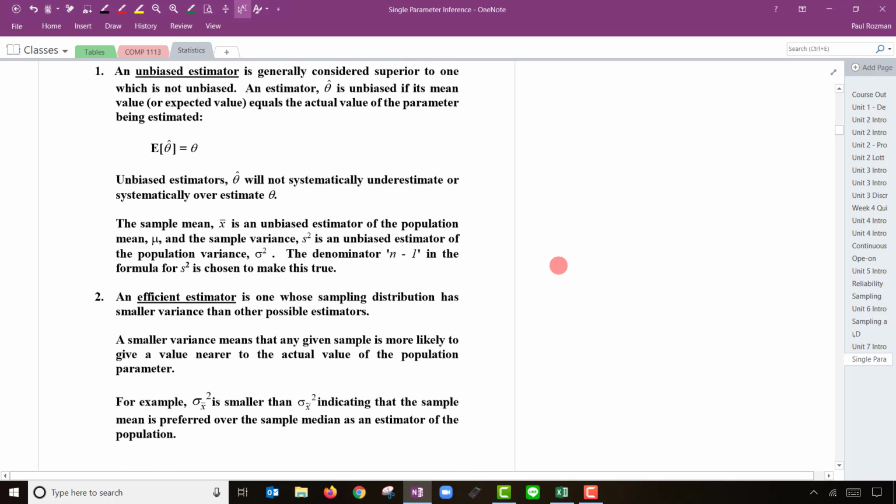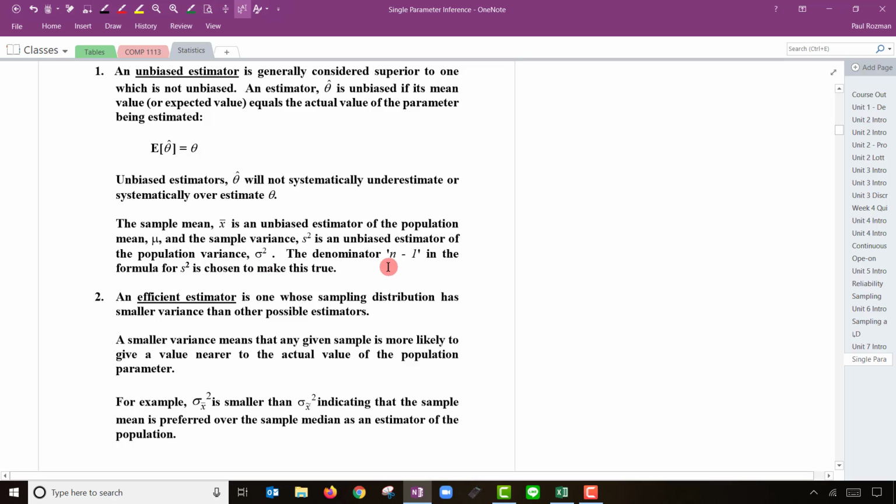It turns out that S is not an unbiased estimator of sigma because we had to make a sacrifice. S squared is an unbiased estimate of sigma squared, but S is not an unbiased estimate of sigma.